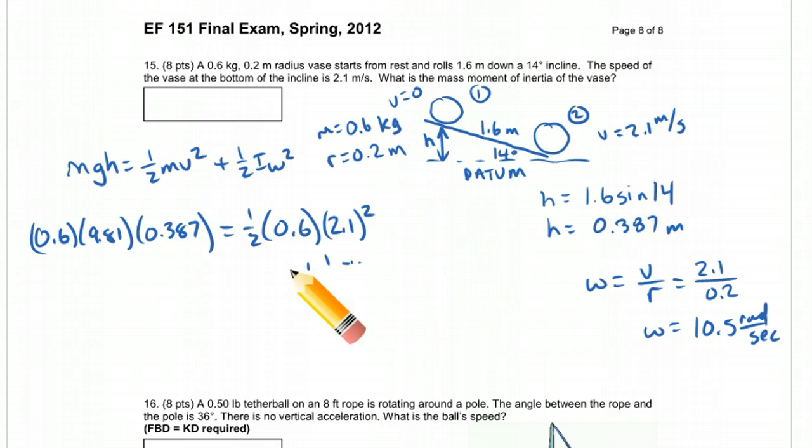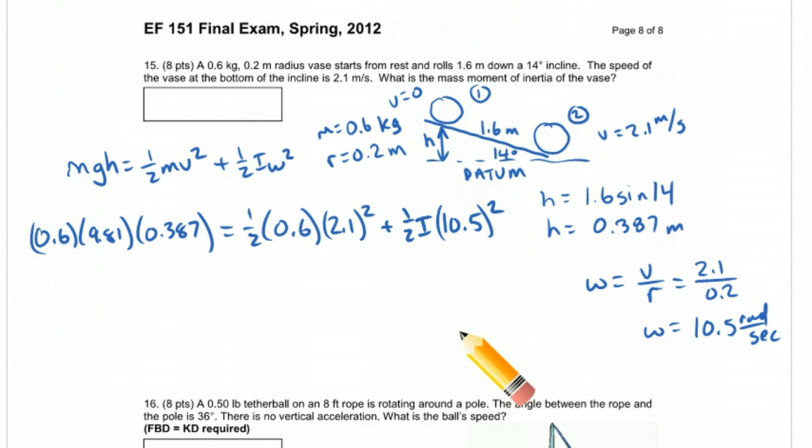Okay, and I will write this out right here: 1/2 I times 10.5 squared.